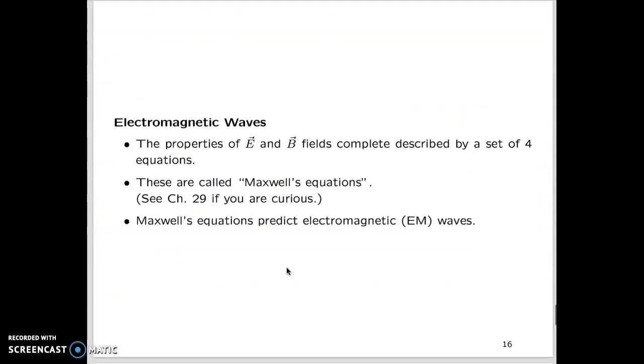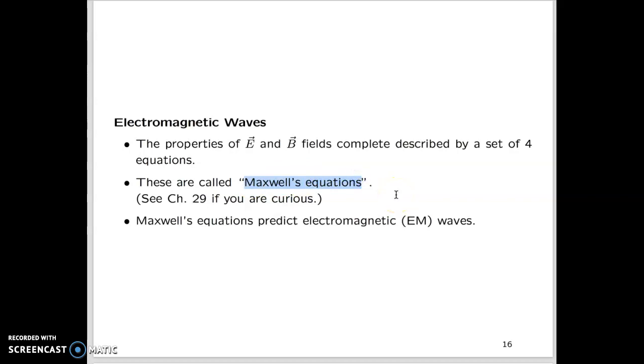So what else do we want to do? Now that we know about magnetic fields, and we know something about electric fields as well, we could do quite a bit with this if we had the time, but we don't have the time. So we're just going to do a little bit. It turns out that the properties of electric and magnetic fields are completely described by a set of 4 equations, and these are called Maxwell's equations.